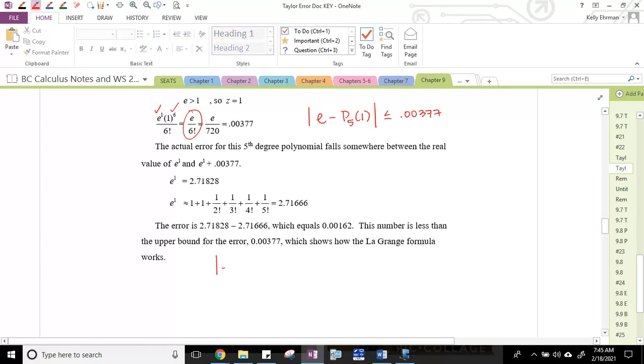So e minus my Taylor polynomial approximation is equal to 0.00162, apparently, if you subtract those, right? And that number is less than our maximum error, so that's a sign that you're at least going in the right direction.